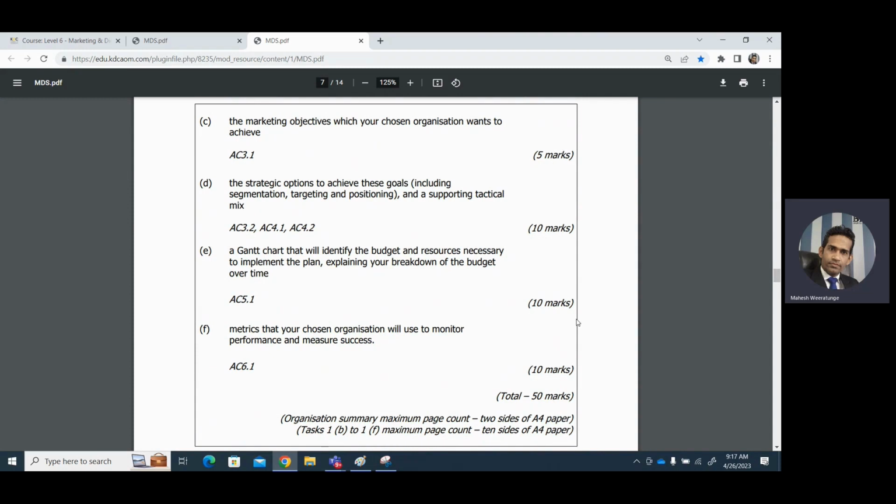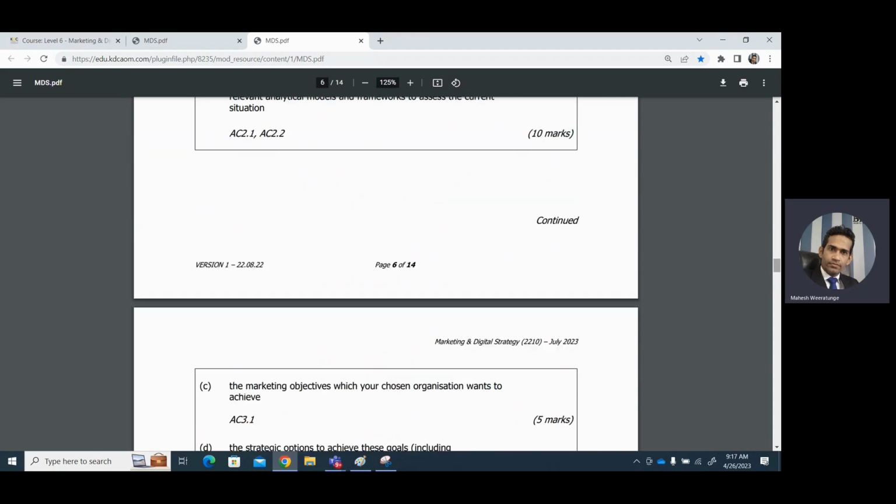Based on the marks allocation, you can decide the number of sides of A4 you have to allocate for task 1 part D. This is one of the strategy areas you need to look at, and the 10 marks allocated mean a significant portion will be there for that area as well, same as what we have been discussing in task 1 part B.